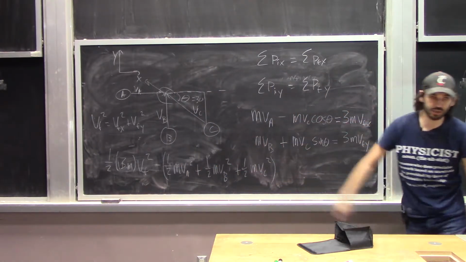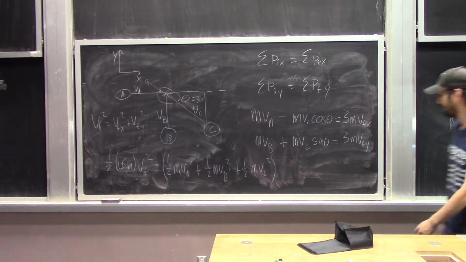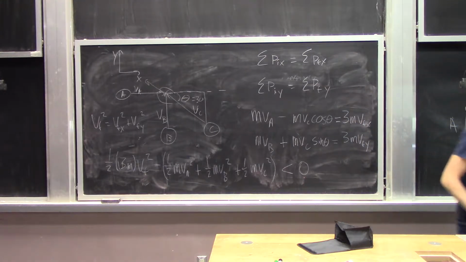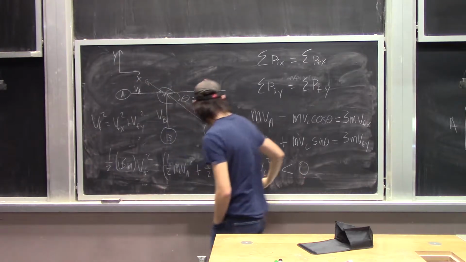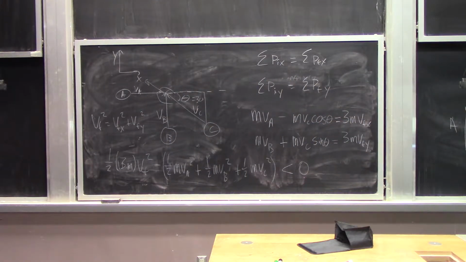So were we to do this calculation, we would end up finding that this would be a negative number, so this is less than 0. Now if it was identically equal to 0, we would say that the energy was conserved. But we know that energy is not conserved because this is not a perfectly elastic collision. So this has to be less than 0, which tells us that there's some energy lost when these collide and stick together. Okay? Any questions about this one?